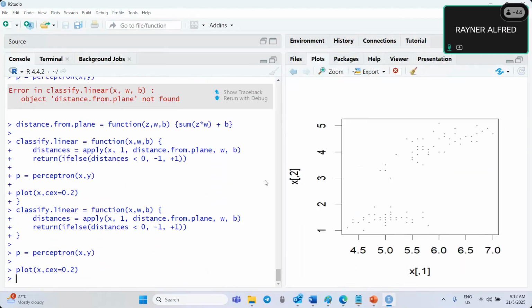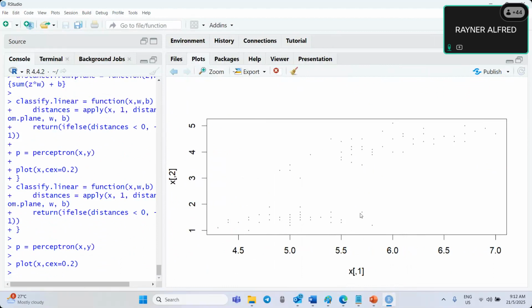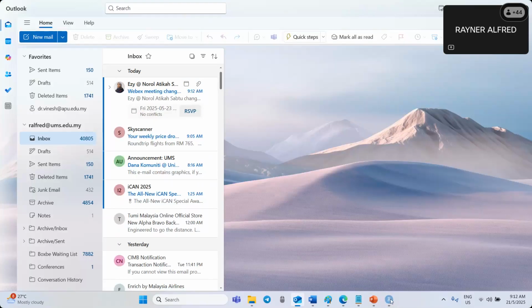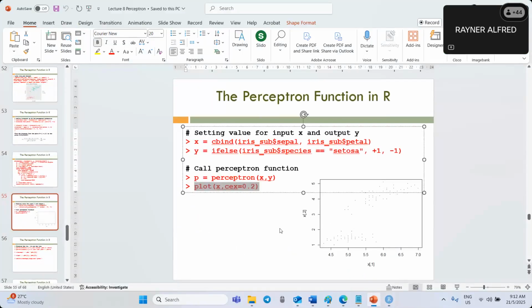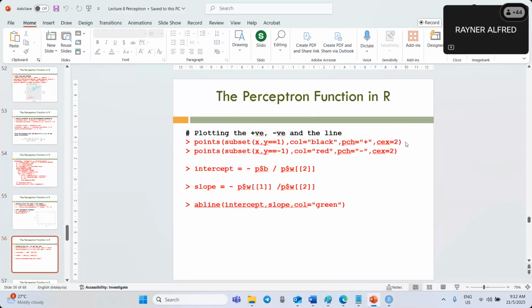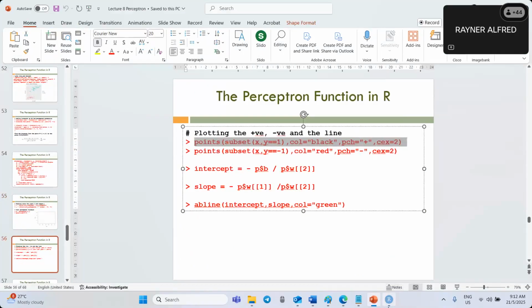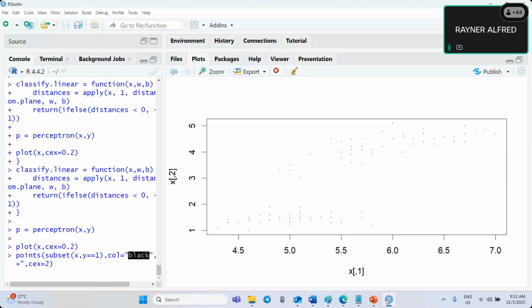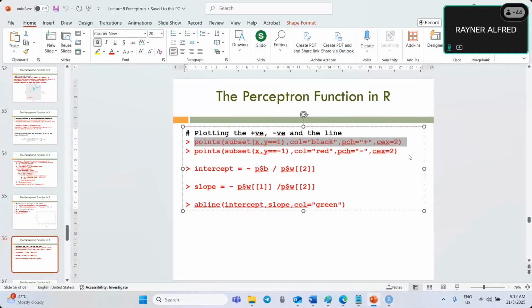Okay, so this is the plotting that we have, but it is not very clear. The numbers are 1 and 2. If we draw a line here, we make the points bigger. So that is the positive. This is the negative one using the red.